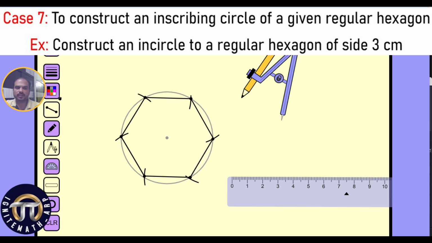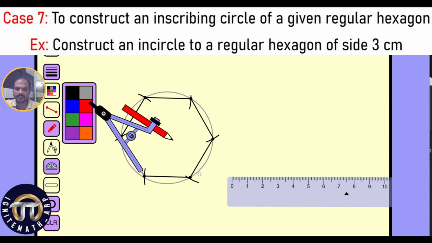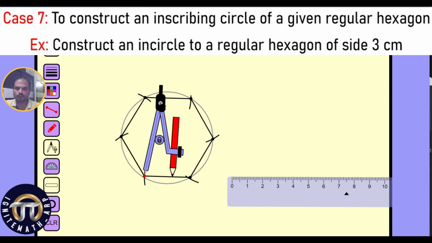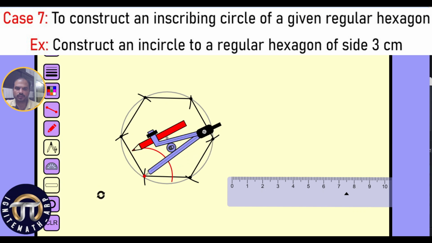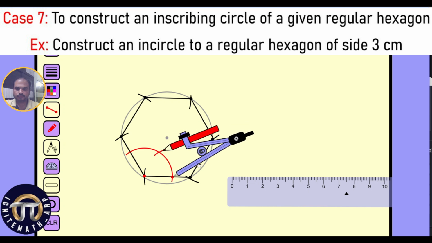Just like the previous one, as I told you, show the construction of 120-degree angles in all the vertices. This construction of 120-degree should be shown in all the vertices, children. Don't forget to do that.